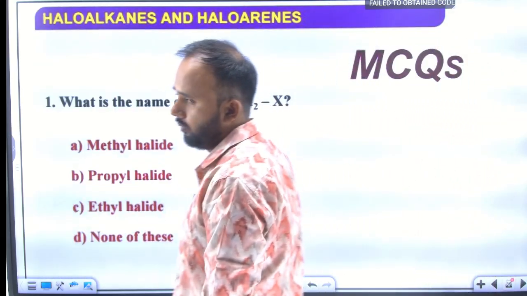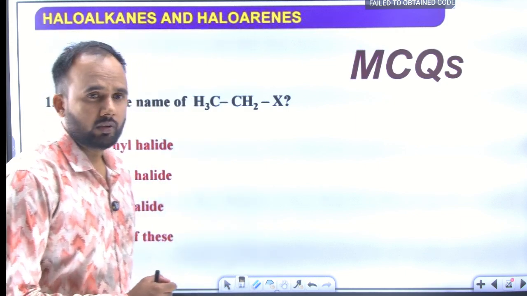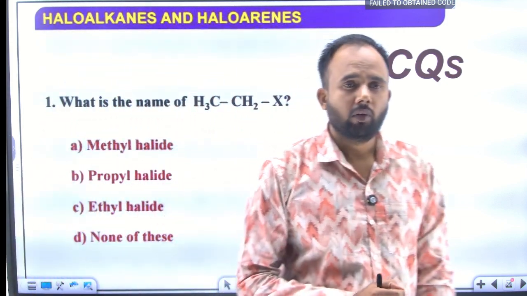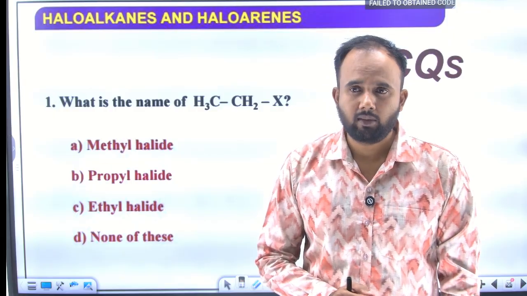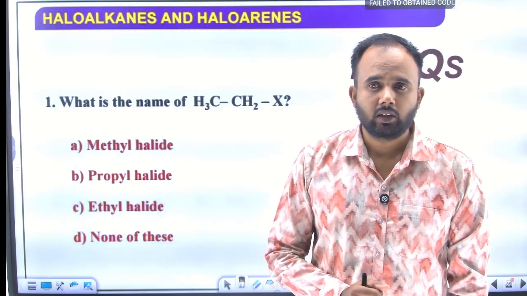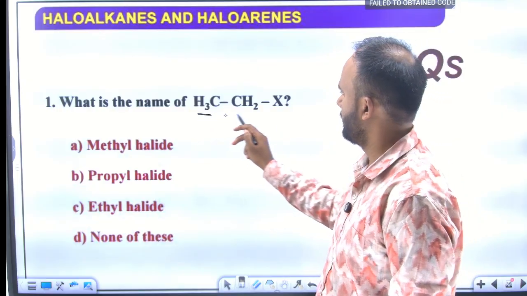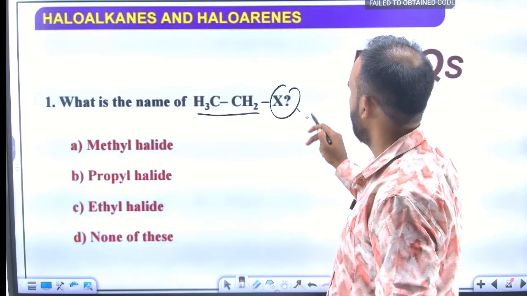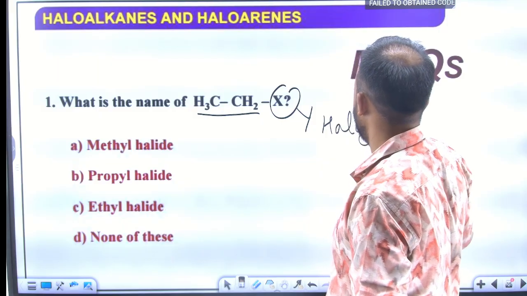Okay, what we learned, there will be a simple MCQ test. Just read out the question. What is the name of CH3CH2X? Nomenclature you know very well, what we discussed in class 11th. CH3CH2X. X means what? Halogen, halide we can say.